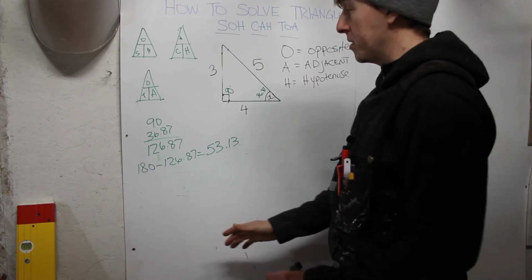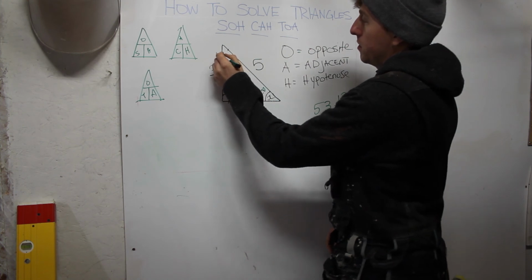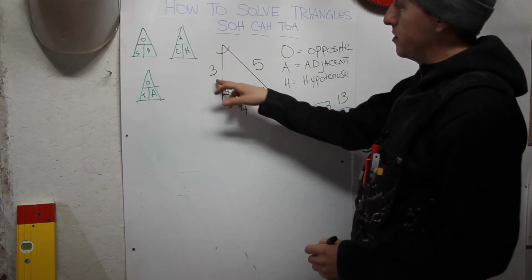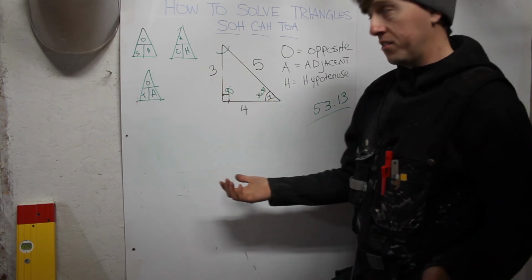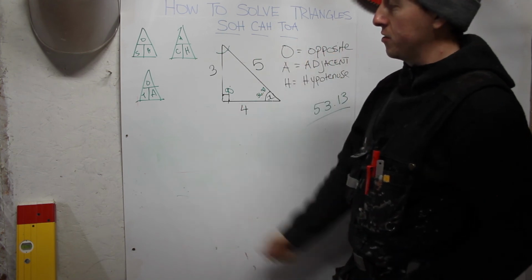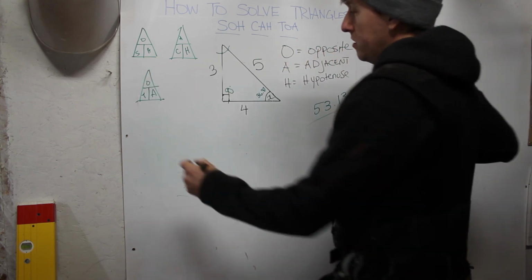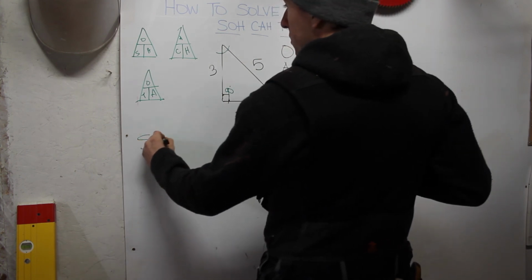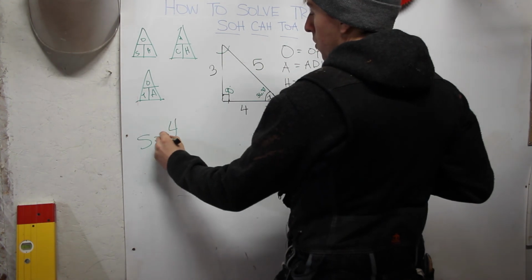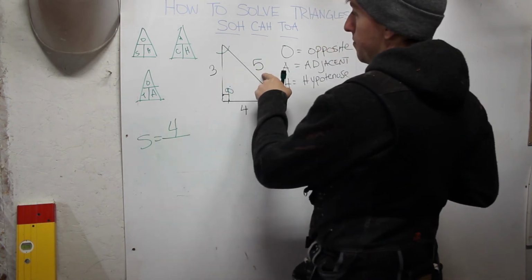But don't believe me, let's test it and let's see if the math actually works. Okay, so let's start fresh. We have this angle here, and we have opposite, we have adjacent. We could do tan again, that's fine. Or we could do opposite and hypotenuse. Let's do that just for something different. So we'll do the sine function. So sine angle equals opposite, which is 4, divided by hypotenuse, 5.